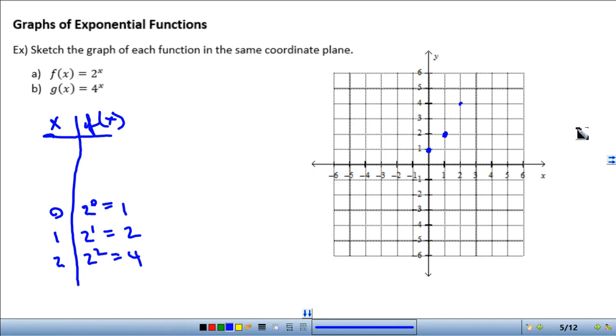So already, and at 3, 2 to the third, 8. Now I'm just off the chart. I'm somewhere over here. Let's go in a negative 1 direction. 2 to the negative 1, that's 1/2. So at -1, I'm at 1/2. -2. 2 to the -2 is 1/4.